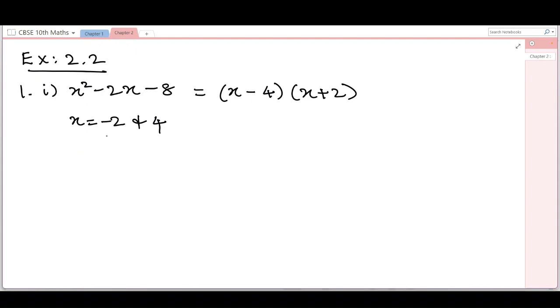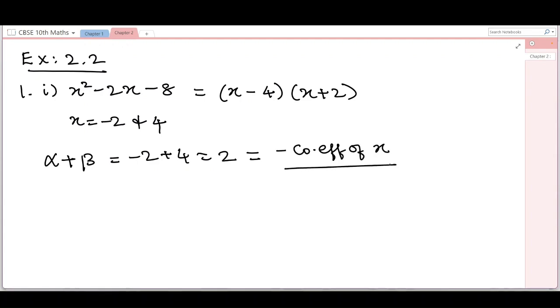Now, let us verify the relationship between them. The sum of the roots, alpha plus beta, equal to minus 2 plus 4 equal to 2. This should be equal to minus coefficient of x divided by coefficient of x square, which is equal to minus of minus 2 by 1, which is equal to 2.